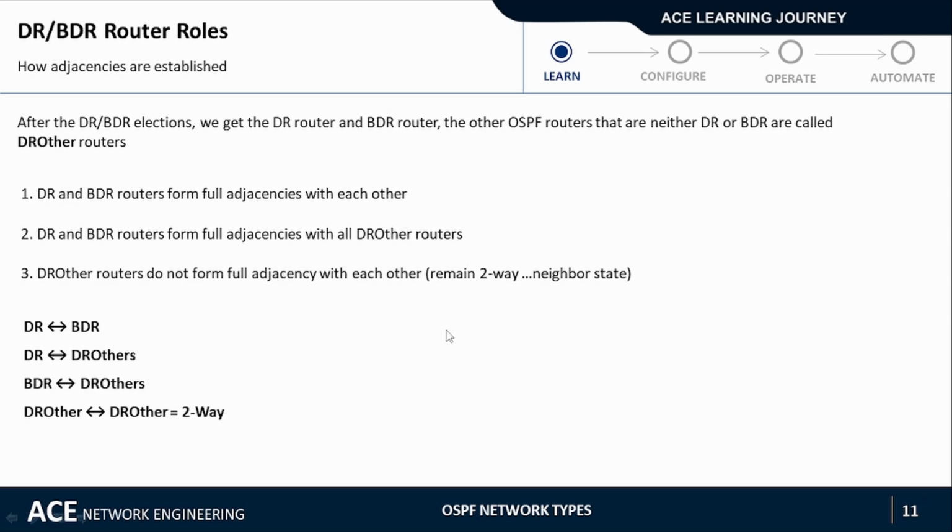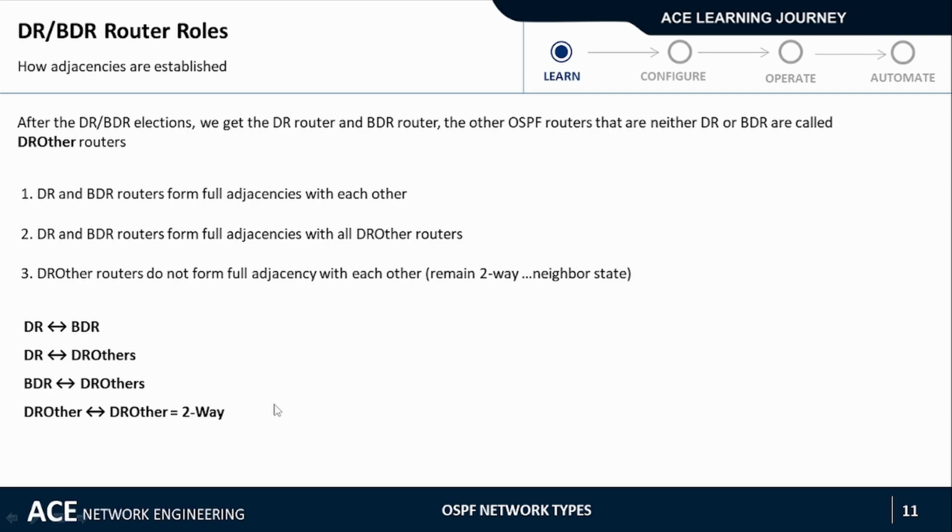And this is the summary: DR to BDR, DR to DR others, BDR to DR others, all of them will be full. But DR other with another DR other cannot form a full relationship. They will be stuck at two-way.